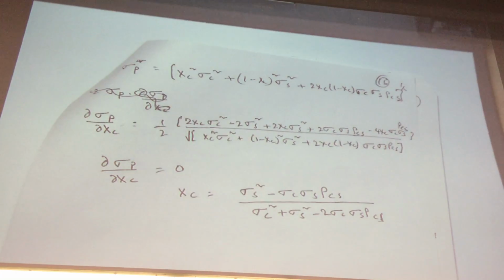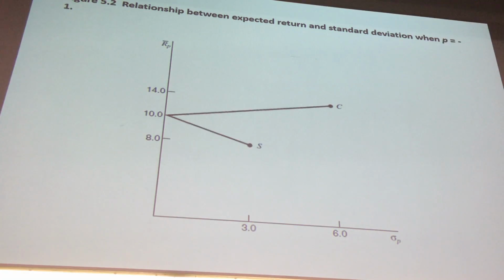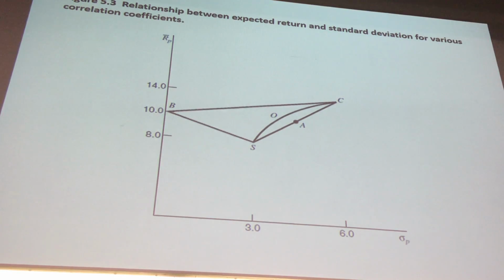So we discussed various cases. We have seen rho equals -1, and we also discussed that the remaining values of rho must live within the boundaries set by rho equals +1 and rho equals -1.